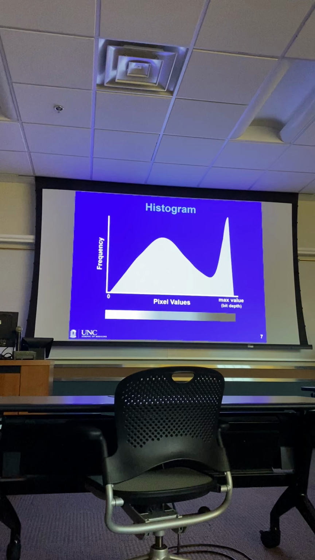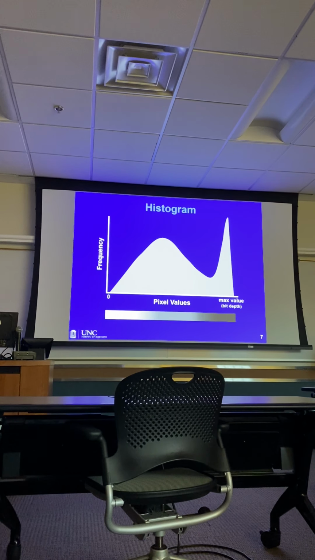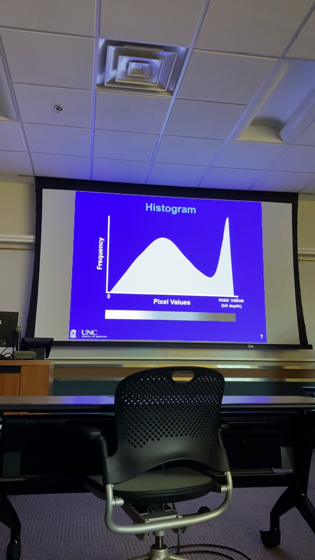So it takes all of the image data and plots it into a histogram. It plots the value of each individual pixel against the frequency, or the number of pixels that have that value. So how many pixels have a value of 0? How many have a value of 1? How many have a value of 2, 3, 4, all the way up to the bit depth.